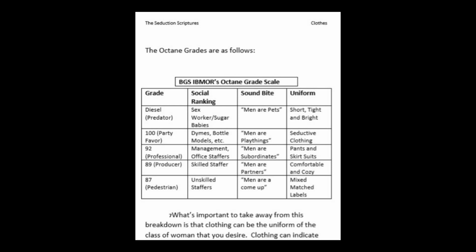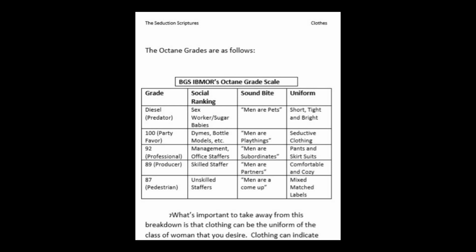And if you turn to page 48 of the Seduction Scriptures, it goes into a breakdown of what grades I wanted to include of the Octane scale. I used the diesel, the 100, the 92, the 89, and the 87.